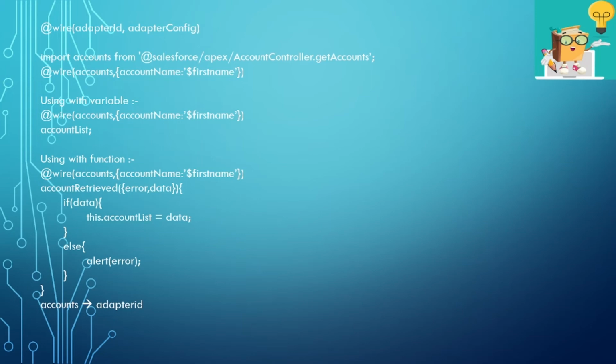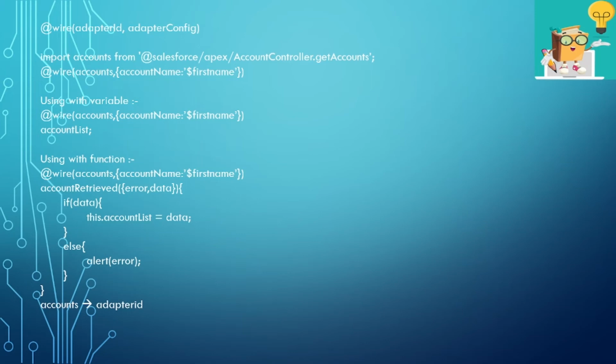Adapter ID is basically your data source from where you are going to get the data, and adapter configuration is any kind of parameters which you pass to the adapter to get the data.